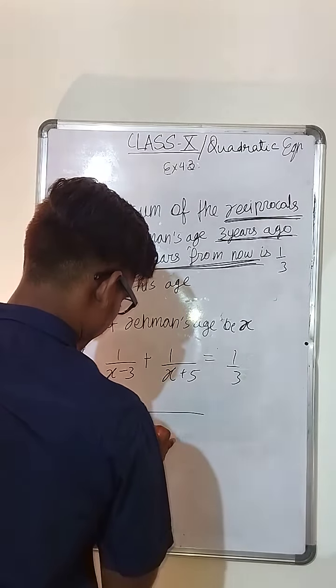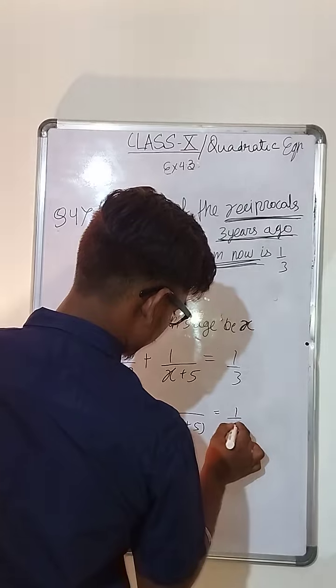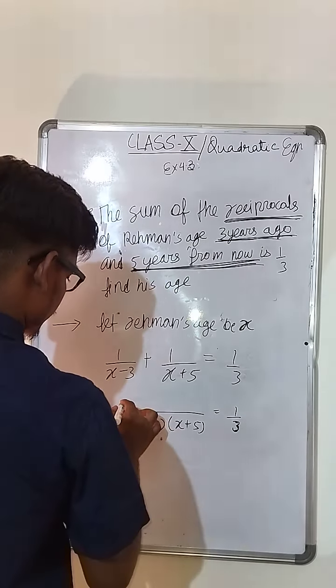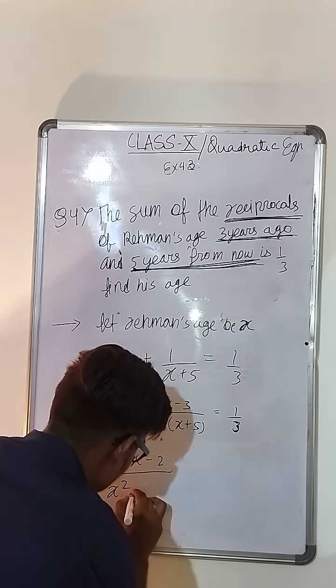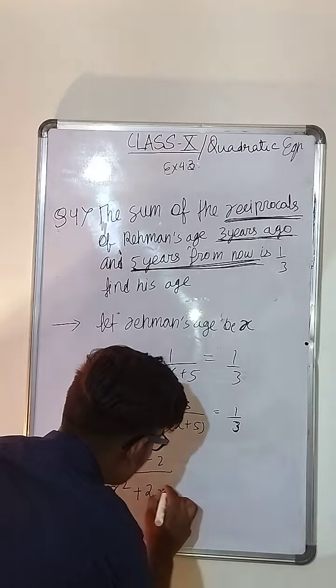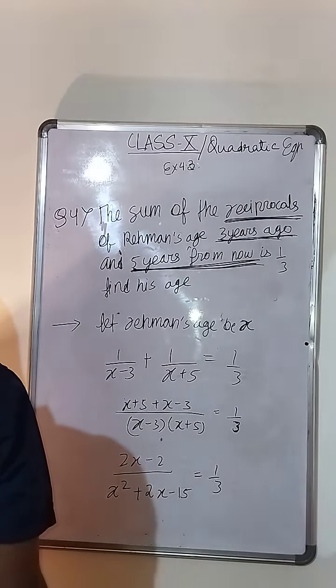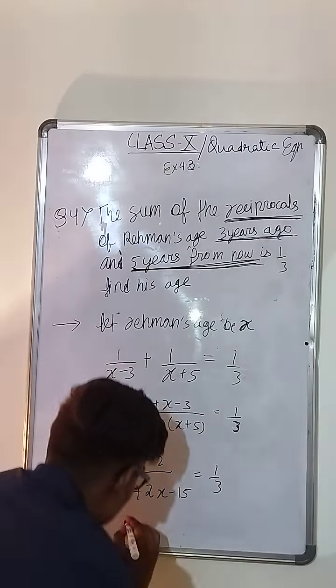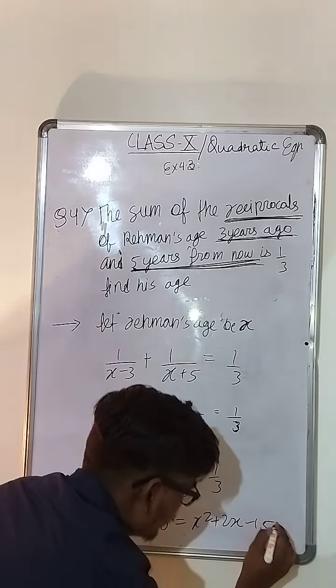So what will it become? Now what will it become? 6x minus 6 equal to x square plus 2x minus 15.